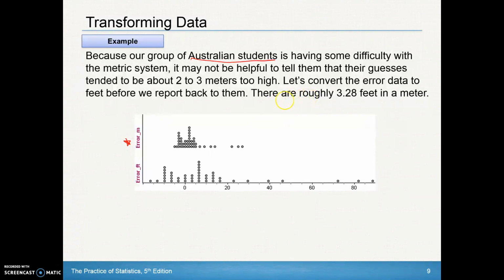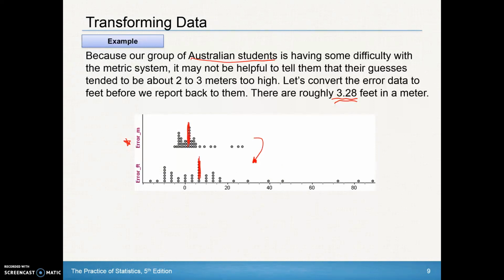What we can see here is that they multiplied by 3.28 from here to here. You can see that our center is right here, and now it's a little bit past right here. So it gets 3.28 times more. We can also see that it spreads out a lot more, in fact by a factor of 3.28.